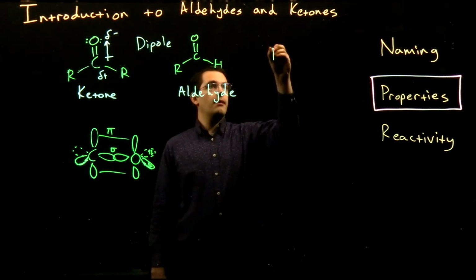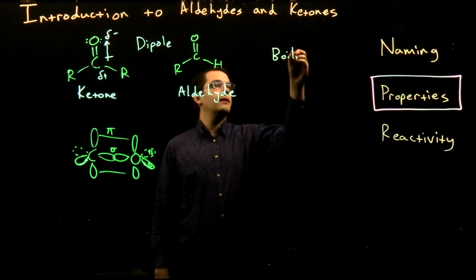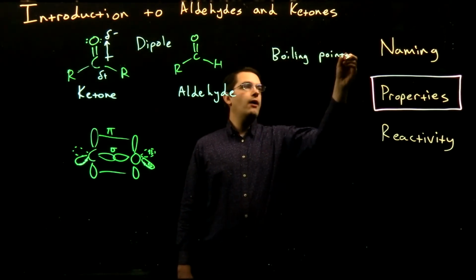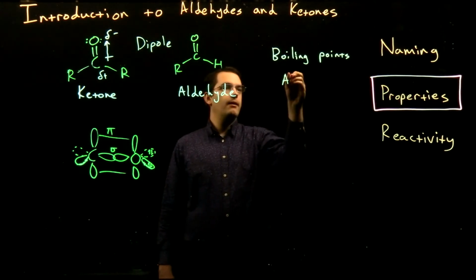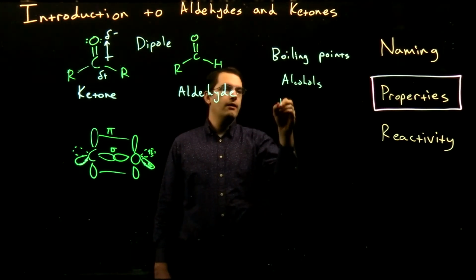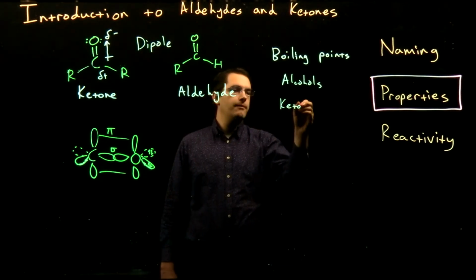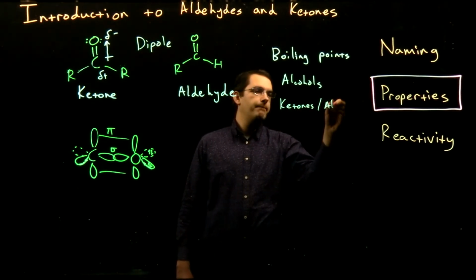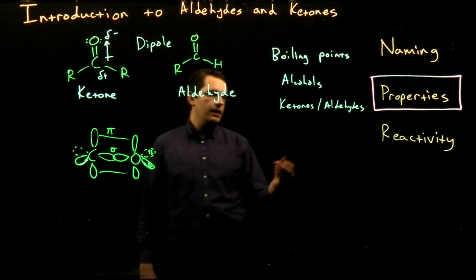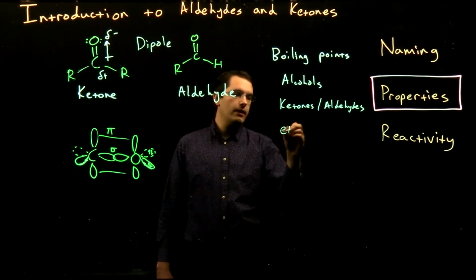So in terms of our boiling points and melting points, we can say that our alcohols will be at the top. Then we have our ketones and aldehydes. And then below that tend to be our ethers.